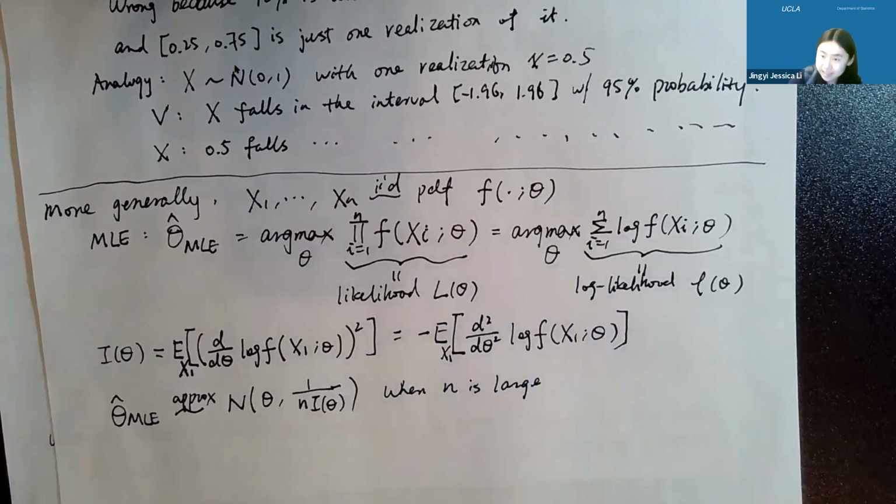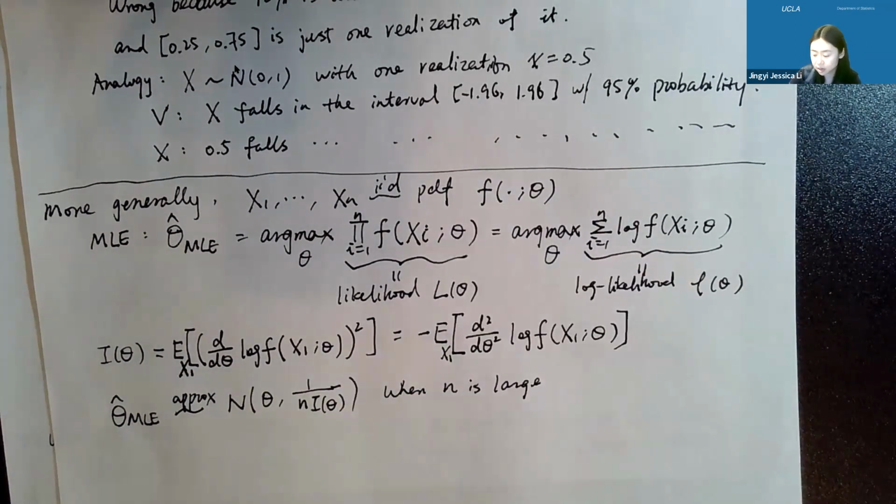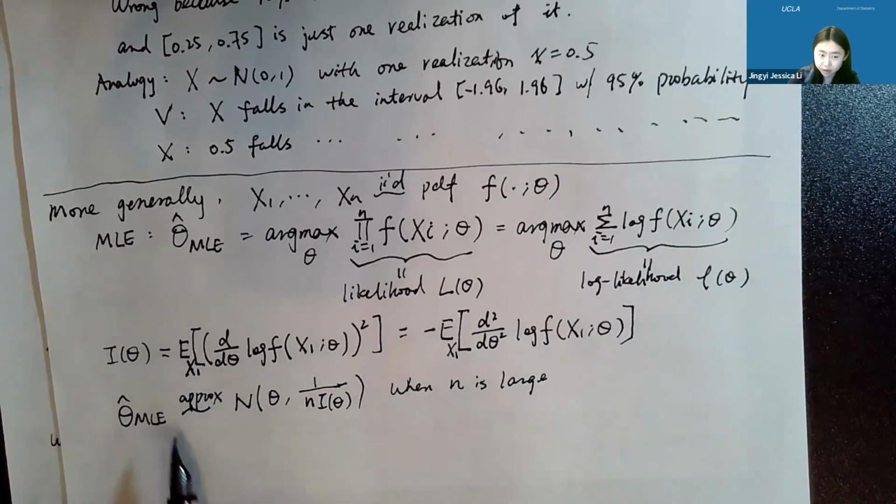And what I didn't say is that the density f also needs to be smooth enough. In common distributions like the gamma distribution, that smoothness is not a concern, so we just assume it. So this gives me the distribution of the MLE, right?